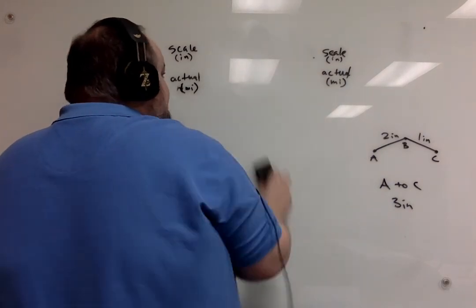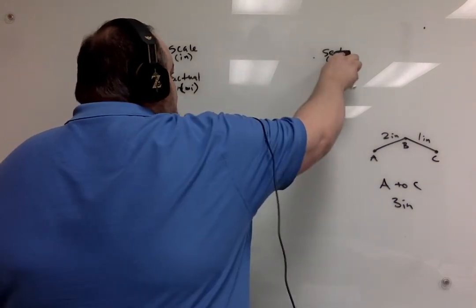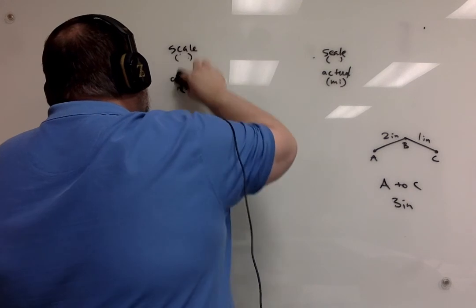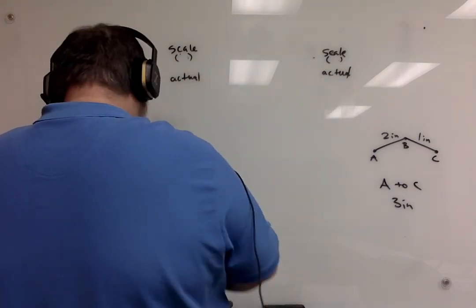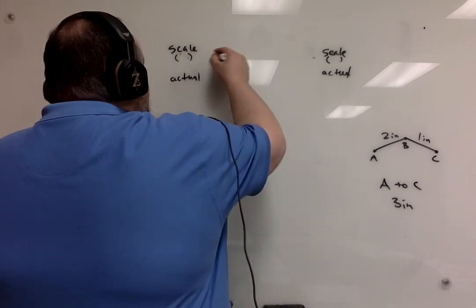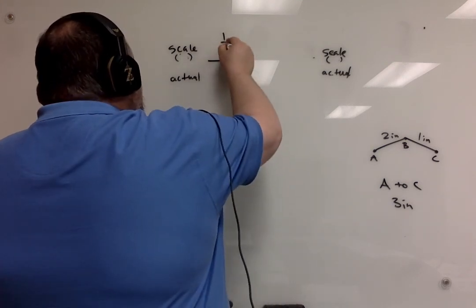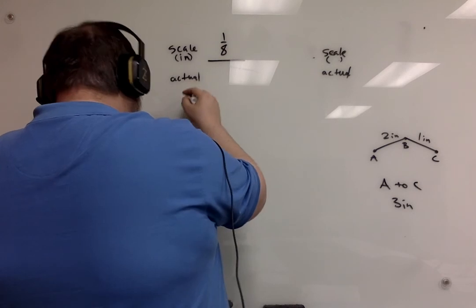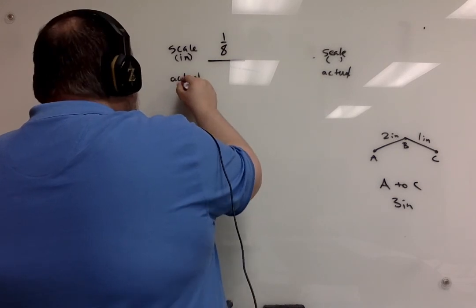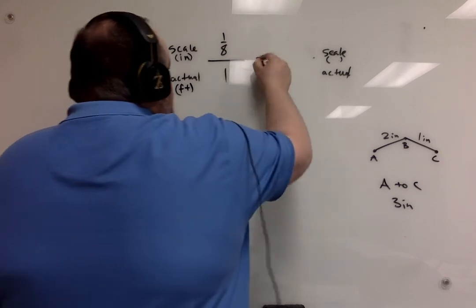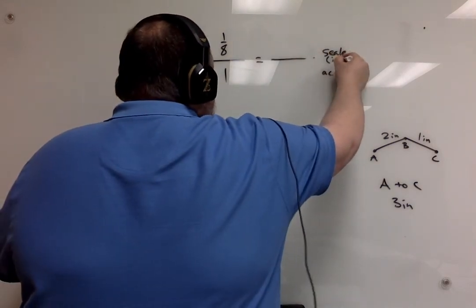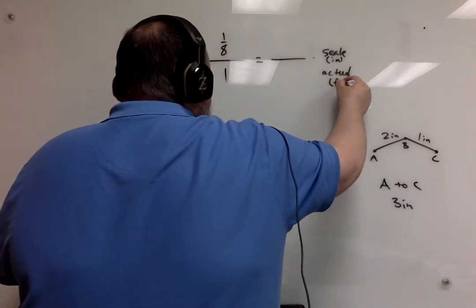Let's say the scale, like it tells us here, is 1/8 of an inch represents 1 foot. So 1/8 of an inch is equal to 1 foot.